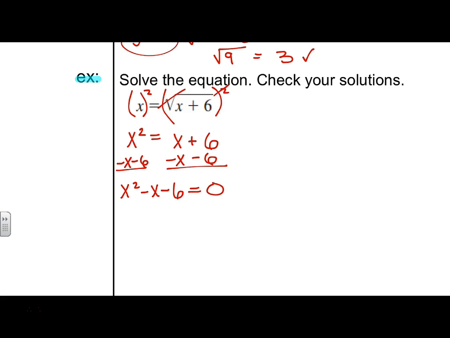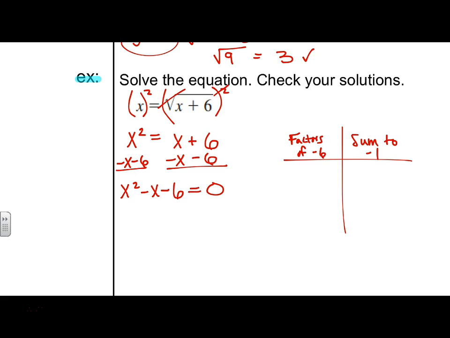Because factoring in this one is pretty easy, because if we're looking at factors of negative 6 that sum to be negative 1. This is an easy chart because there's not a number on the far left.